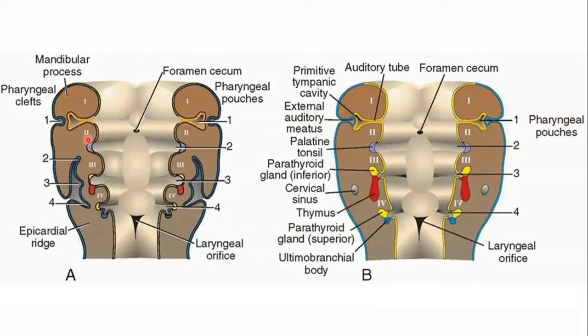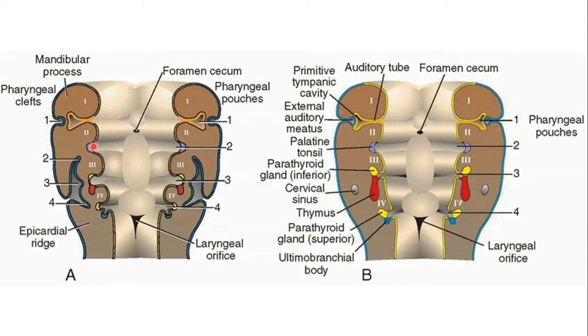So the tonsils developed by this blue color is known as the cleft, which is formed by the ectoderm, and this brownish color is the mesoderm, known as the pharyngeal arch, and this yellow color is known as the pharyngeal pouch. So the tonsil developed by the second pharyngeal pouch.